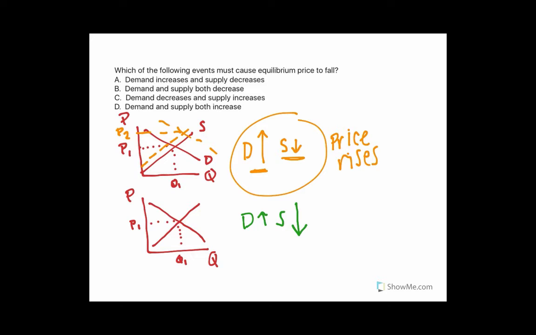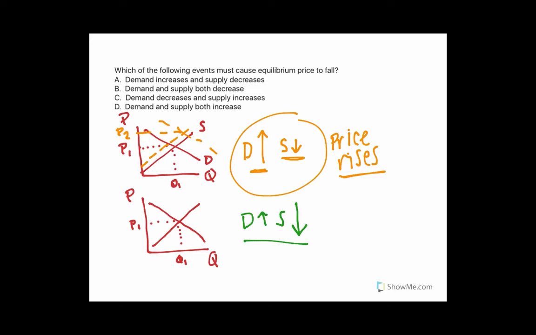Because we already know that price is rising, we don't actually have to show this different option, but for practice I'm going to go ahead and show how an increase in demand and a decrease in supply, depending on how much each of them shift, can have different price changes.